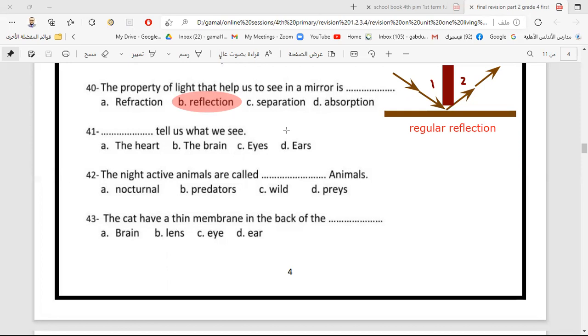You remember we drew the eye before and we said the eye only sends the image to the brain, and the brain interprets and understands what you are seeing. So your brain tells you what you are seeing, okay?